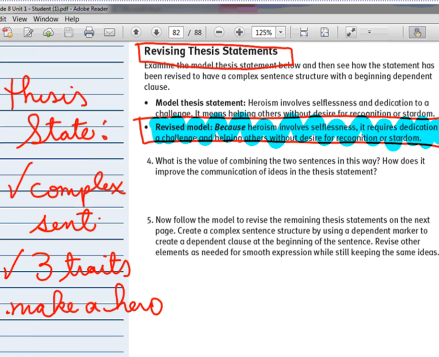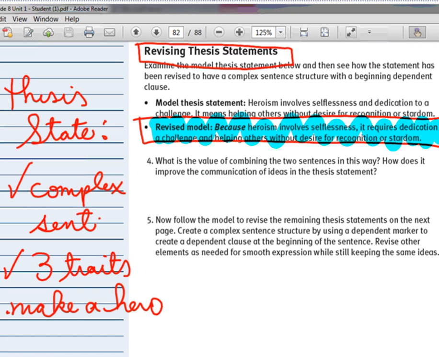So if we take a look at the example that you highlighted of a revised thesis statement, it is a complex sentence, but we're going to read it together and figure out what those 3 traits were that this author decided defined a hero. Because heroism involves selflessness, it requires dedication to a challenge and helping others without the desire for recognition or stardom.